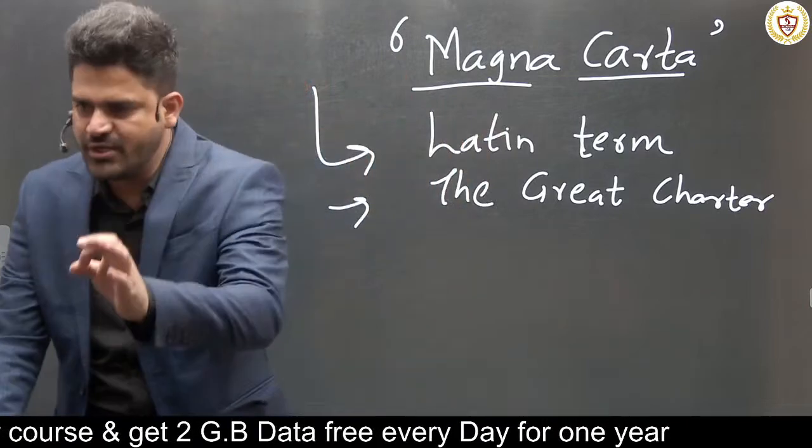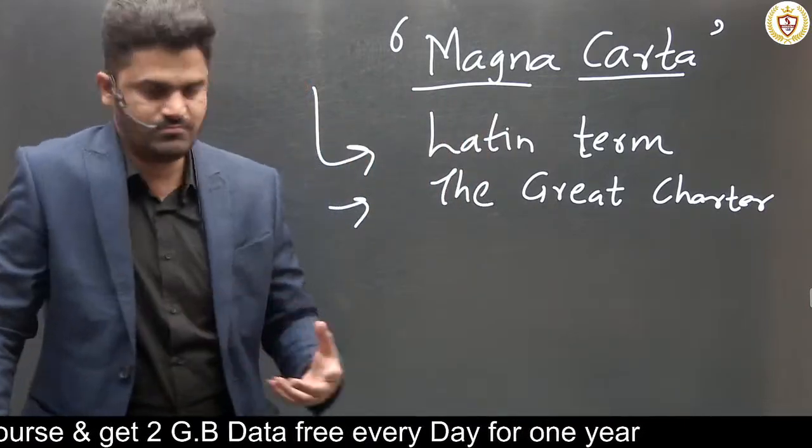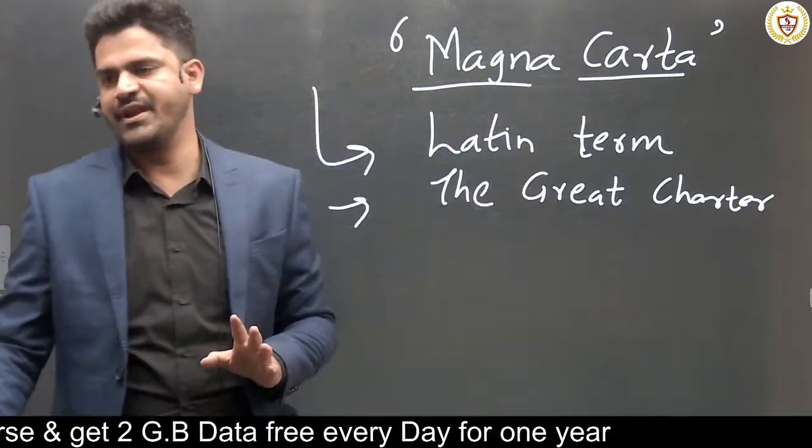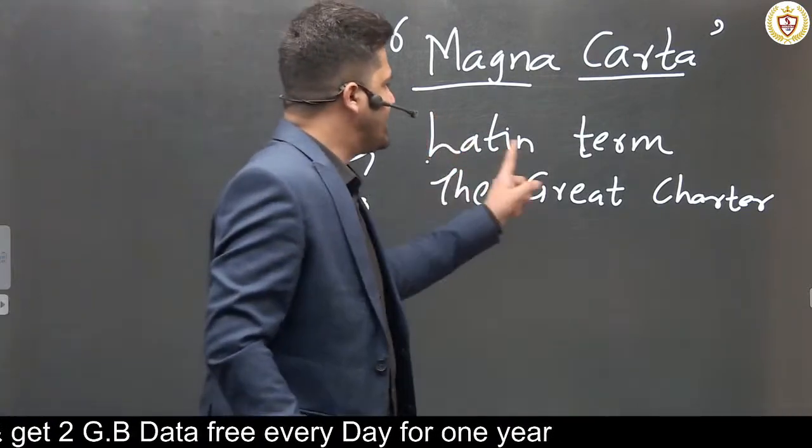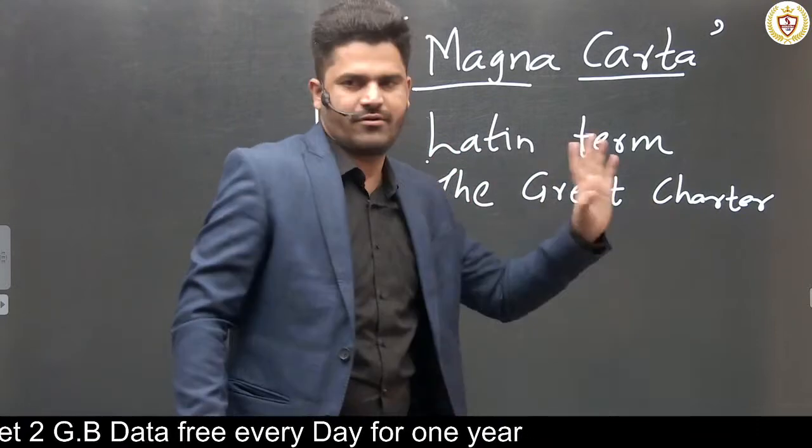Part 3 of the Indian Constitution is referred as Magna Carta of India. What is the meaning of the term Magna Carta? Magna Carta is a Latin term which means the Great Charter.